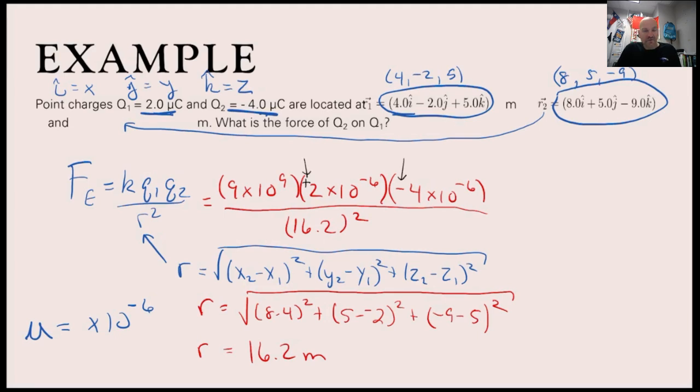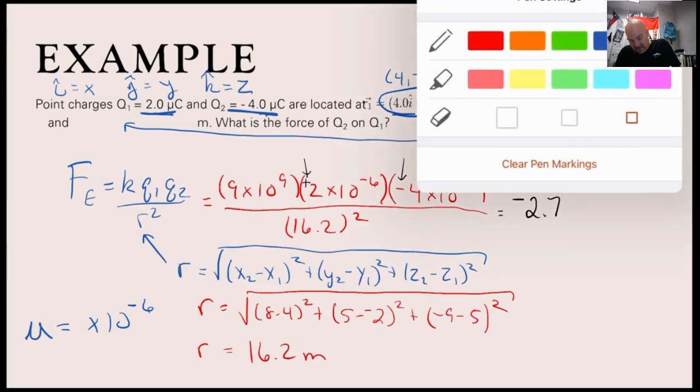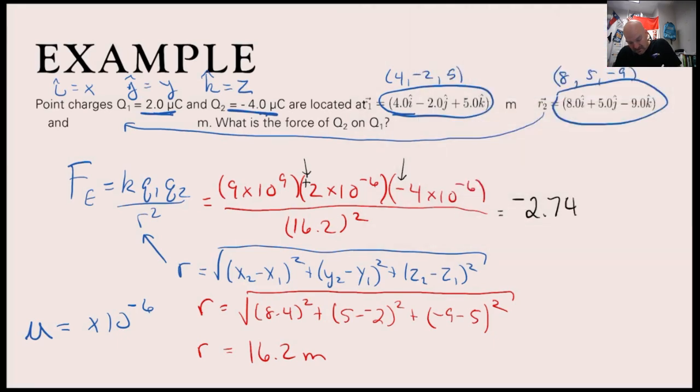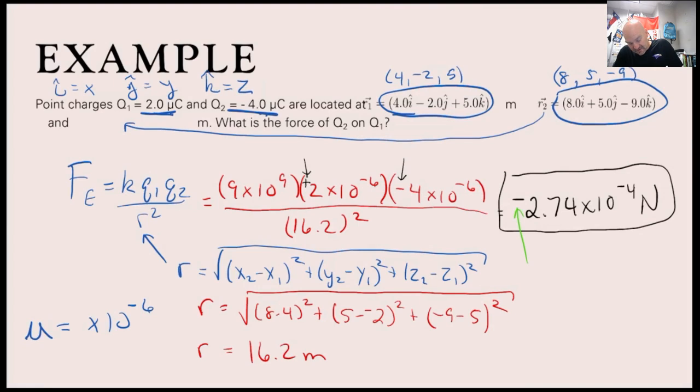So these two charged particles will try to attract each other versus push each other away. And so the force ends up being negative 2.74 times 10 to the negative 4th newtons. And again, this negative sign means they are going to attract each other.